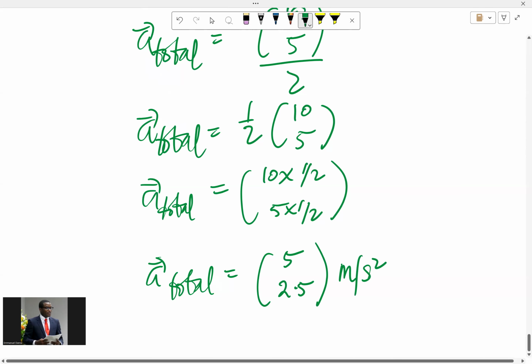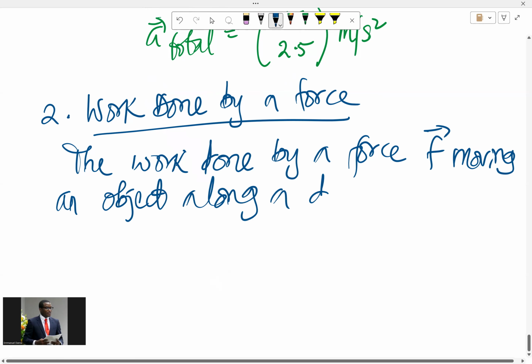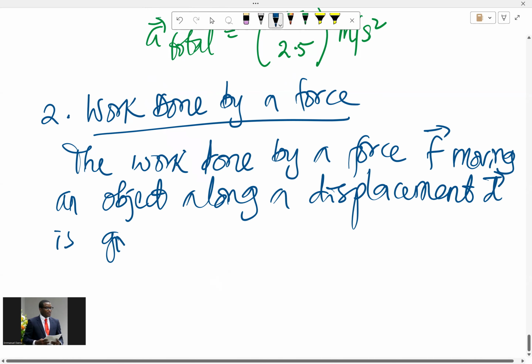The work done by a force F moving an object along a displacement D is given by W equals F dot D. That's the dot product of the force and the displacement.